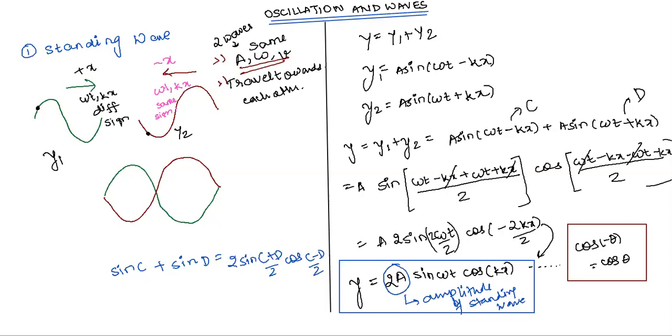Sir, what's the phase here in this equation? So this is basically a standing wave, right? You talk about phase when a wave is traveling. Phase has a relation between path difference and time difference. When will you have a time difference between two points?